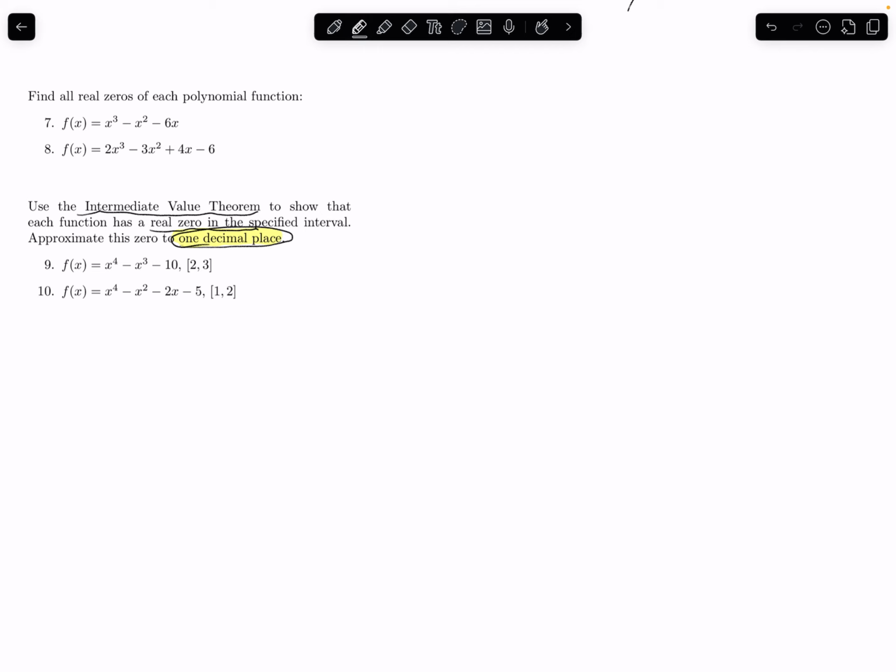Okay, now we're going to go to number 10. Same process. We're checking if there's a 0 between 1 and 2. And let's do f of 1 first. That's 1 to the 4th minus 1 squared minus 2 times 1 minus 5. Okay, that's going to be 1 minus 1 minus 2 minus 5. 1 minus 1 is 0, minus 2 minus 5 is negative 7.